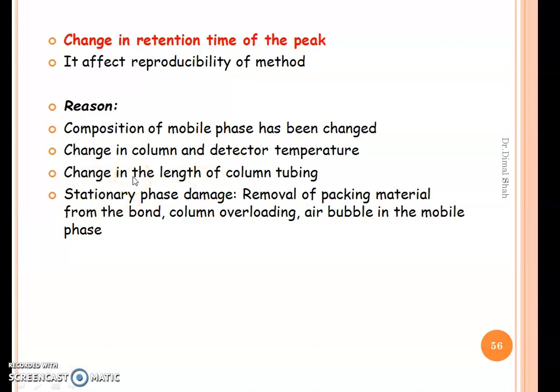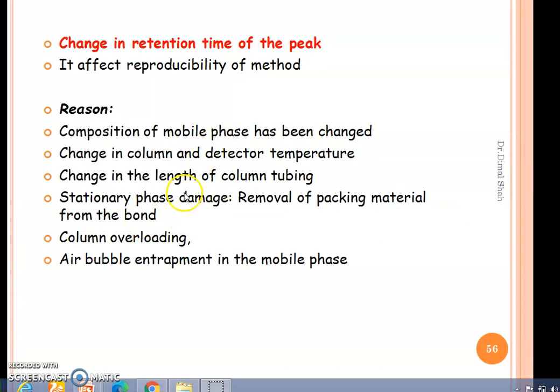Many a time during repairing, the engineer may cut the length of the tubing, and due to that we may not get the reproducible retention time. The stationary phase that is used may be damaged. There are chances of removal of packing material from the bed. Another reason is column overloading.